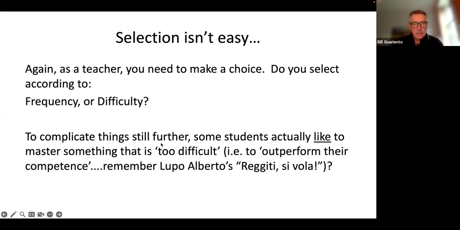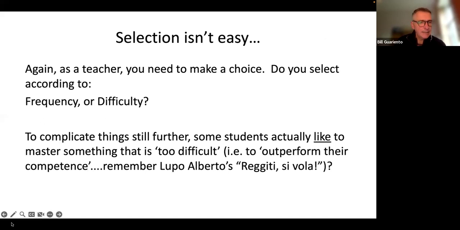Now, when I was learning Italian, my Italian was terrible. I was a beginner, but I was very happy to learn Reggiti si vola, because I like to use this complicated functional language. Even though it was too difficult for me, I like to use it. So I liked to outperform my competence. That means I like to do something which was too difficult for me.